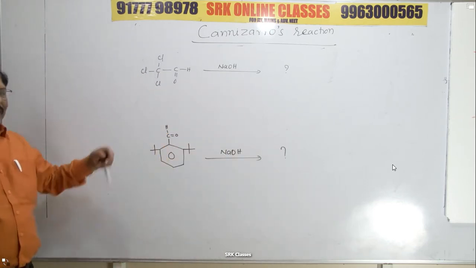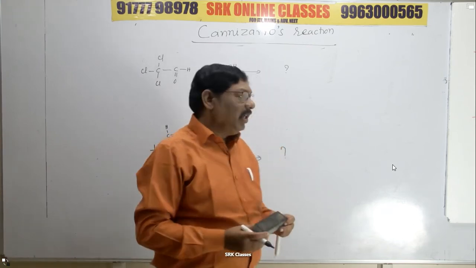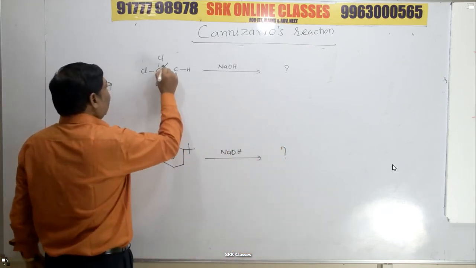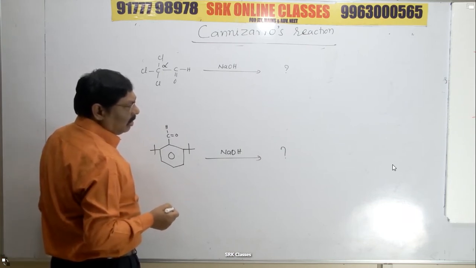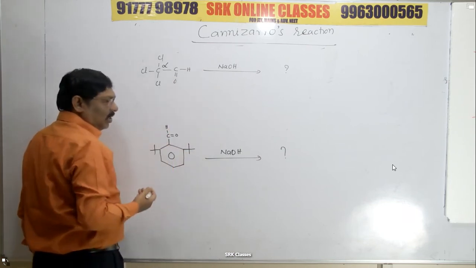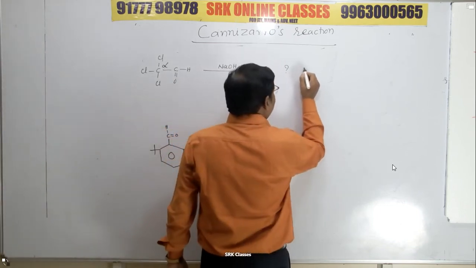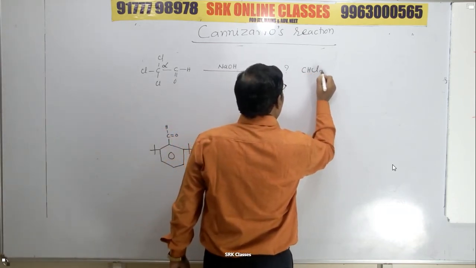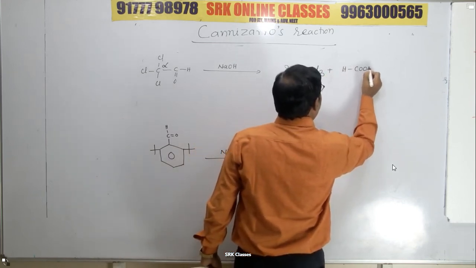The previous question was given in one of the competitive examinations. Here also there is no alpha hydrogen atom. What will we write as the Cannizzaro products? But here Cannizzaro products are not possible. They undergo hydrolysis that produces chloroform plus sodium formate.